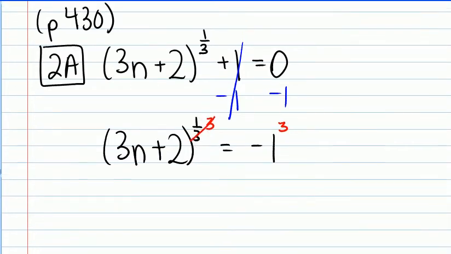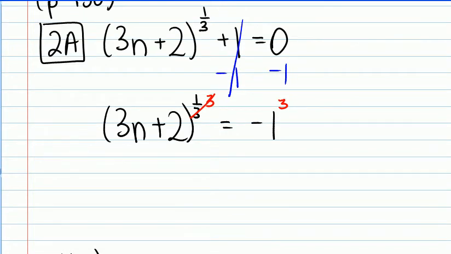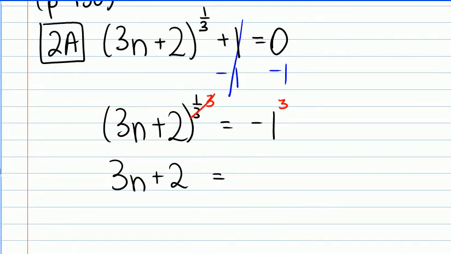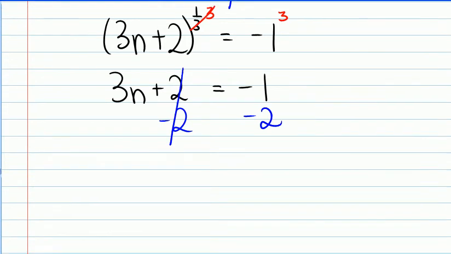So 3n plus 2 equals whatever negative 1 to the 3rd is. Negative 1 times negative 1 times negative 1 is negative 1. To solve for n, you subtract the 2. And finally, divide by 3. Final answer, n equals -1.